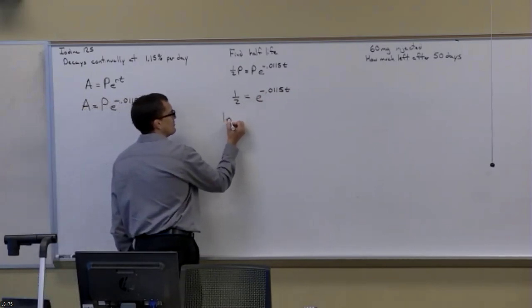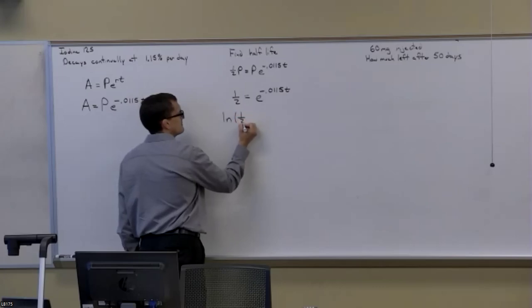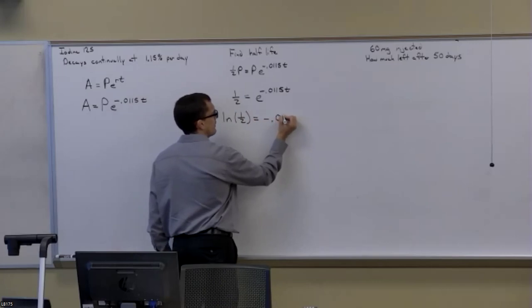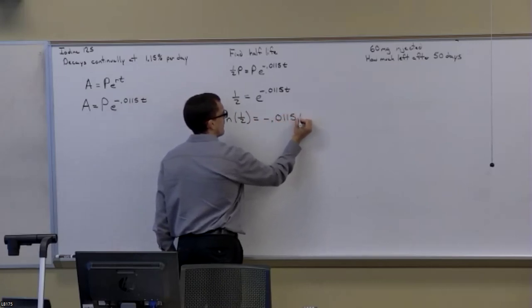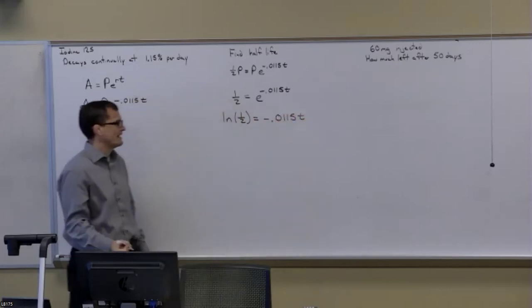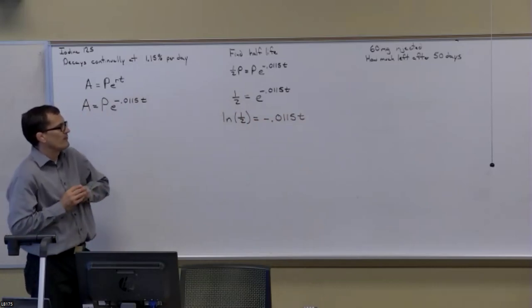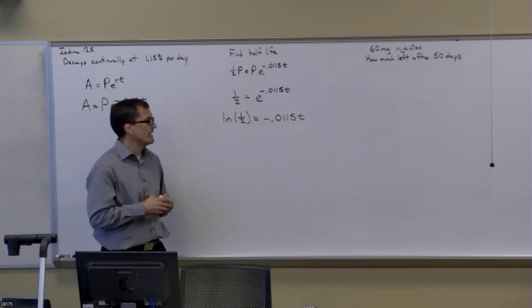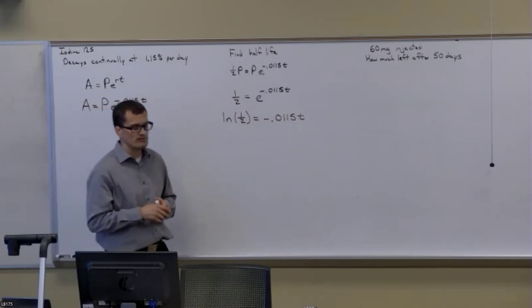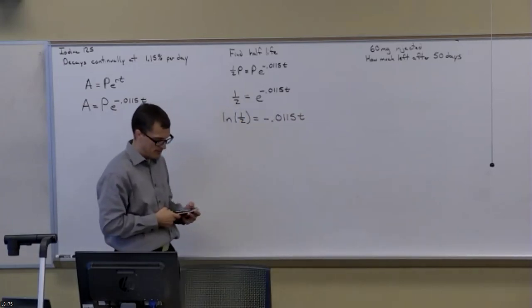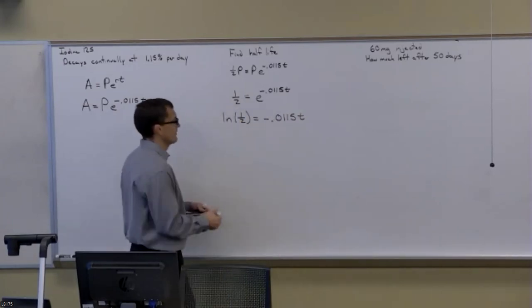Apply natural log to both sides. That gives you natural log of 1/2 is equal to the exponent, negative 0.0115 times t. Then I would divide both sides by the coefficient.